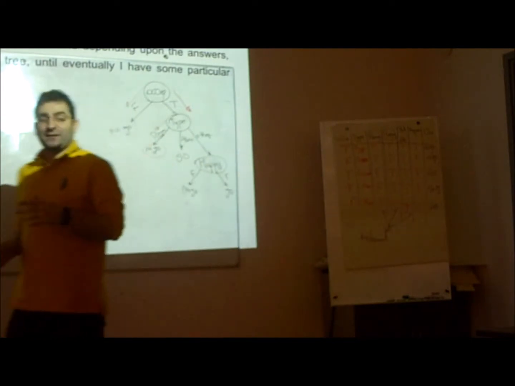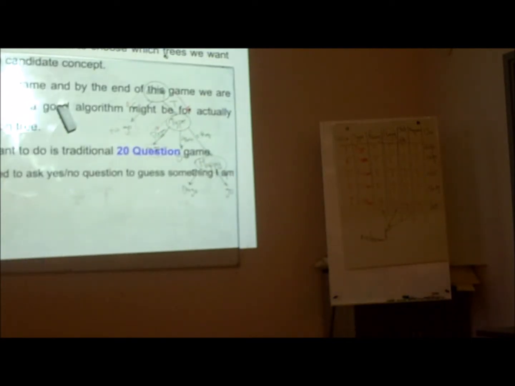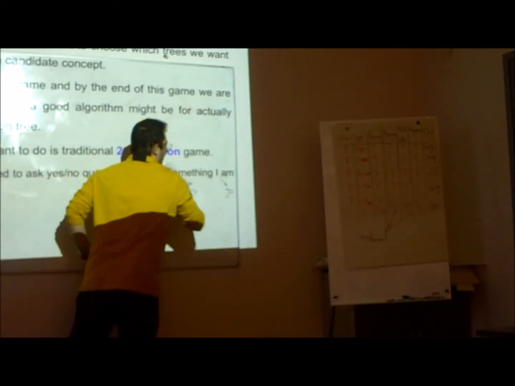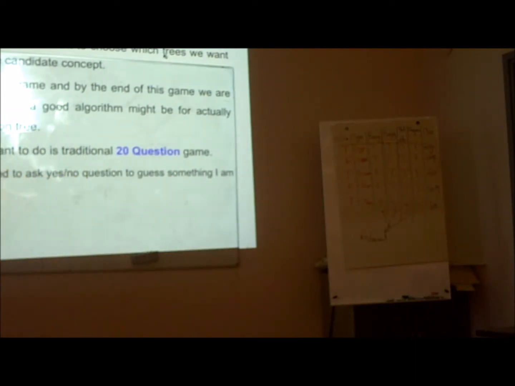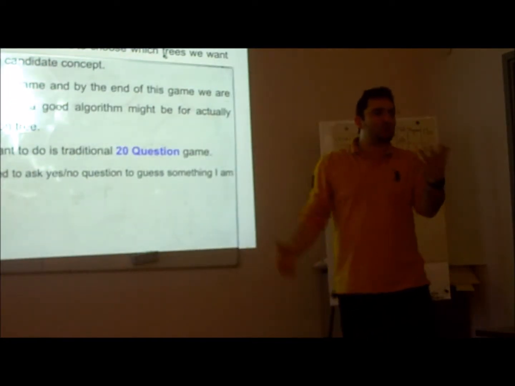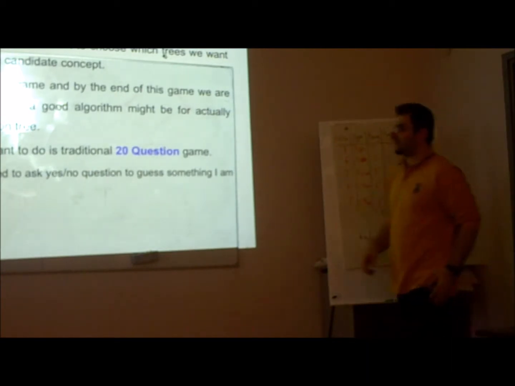So the challenge that we have is actually this. What are the attributes that I have to choose to make the tree? I mean, we have lots of trees. Which one is the best that can lead to a very good way of doing the classification?